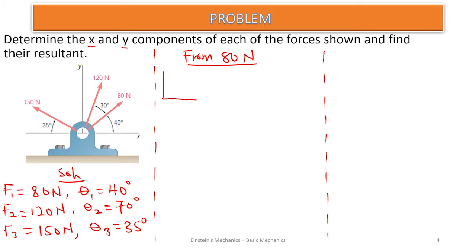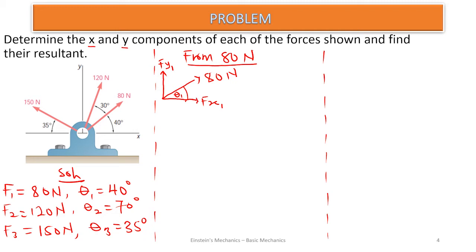So this is the force at the y and the force at the x. And this is the 80 Newton force. Are we okay? And it makes an angle theta 1. So let's call this force on the x, x1, because we are going to do it for 3 forces. Let's call this y1. Are we okay?